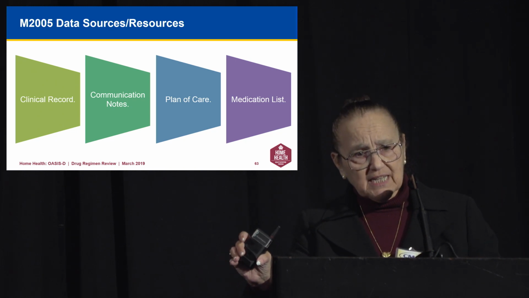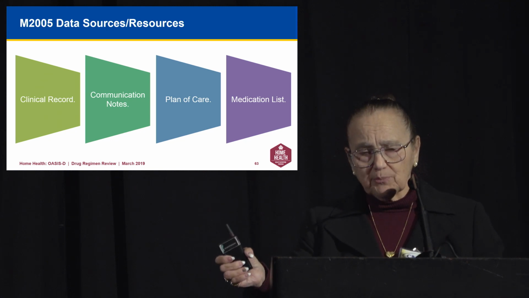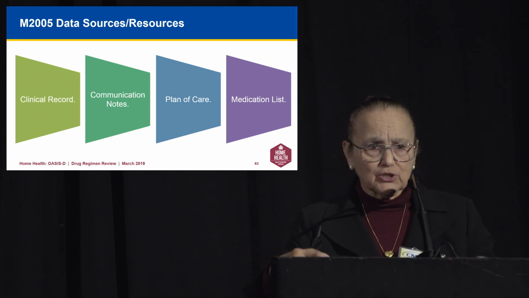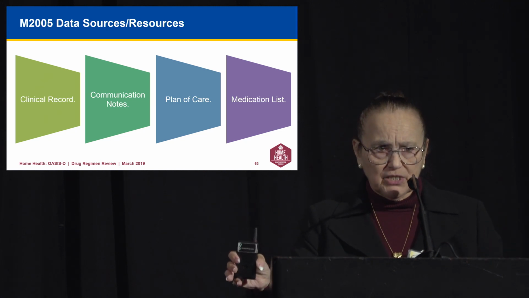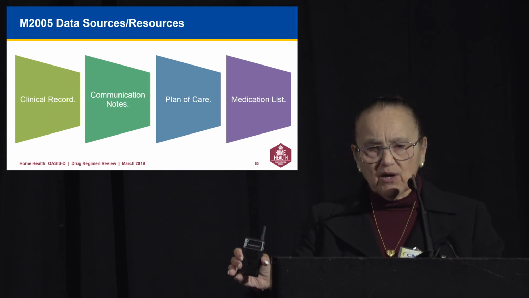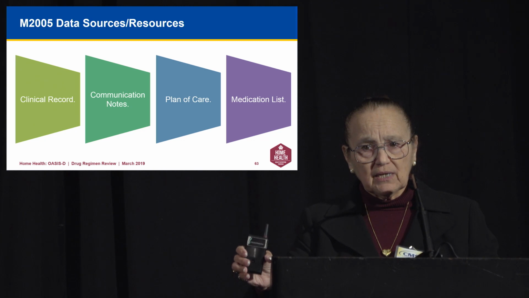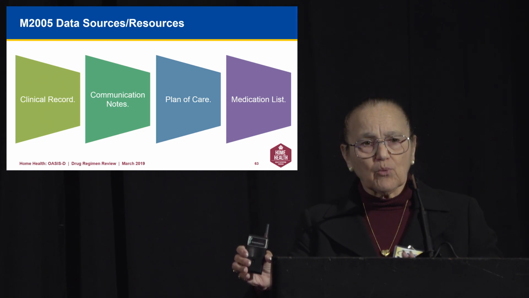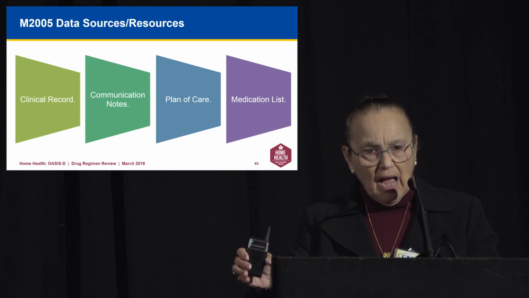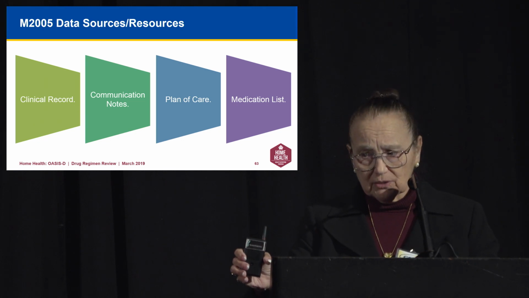The plan of care itself. If there were interim orders, telephone orders, short orders, whatever your terminology is, you need to be looking carefully at those amendments to the plan of care as well as the original for any information that there was an issue, a contact, and a change.